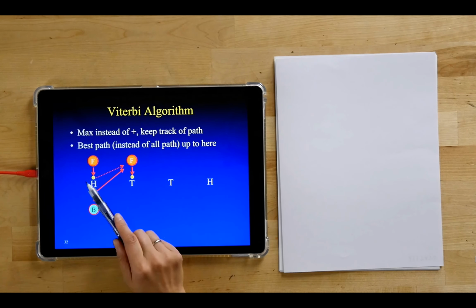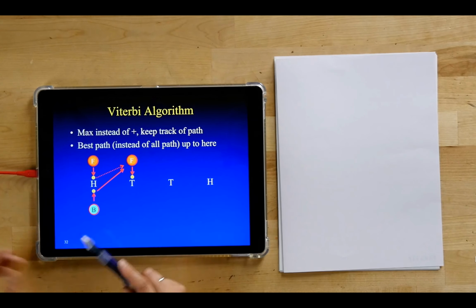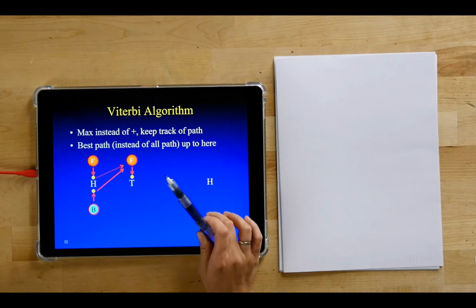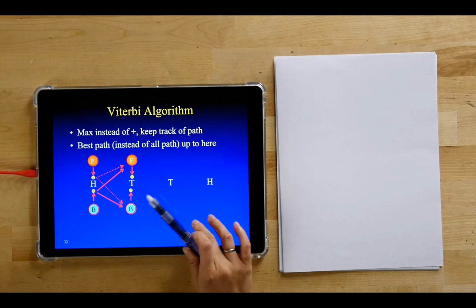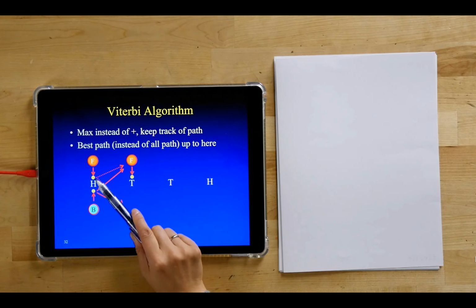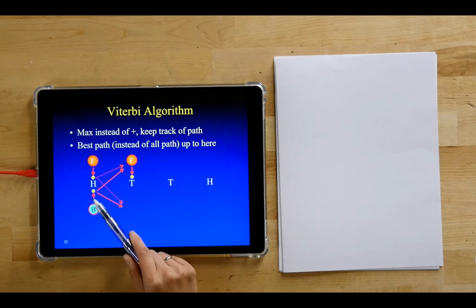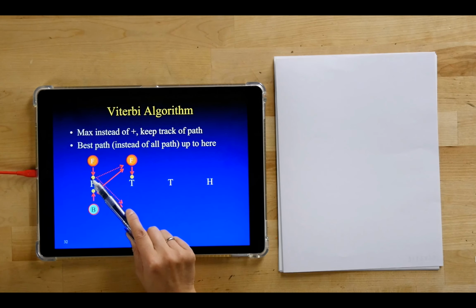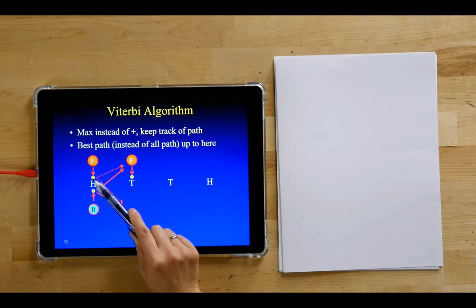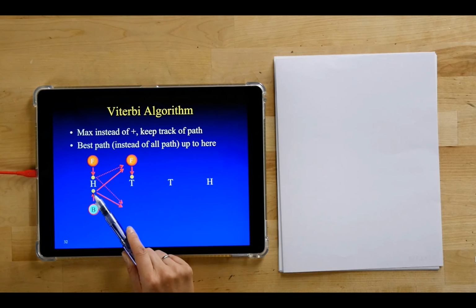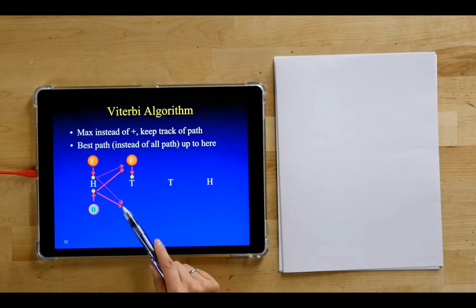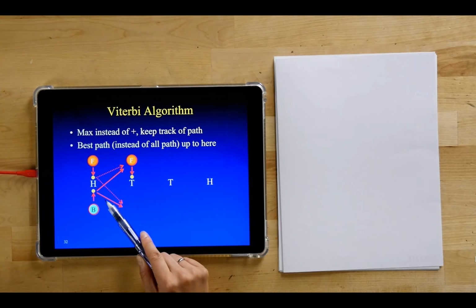delta for the fair coin. In order to calculate the bottom side, it's this yellow dot transitioning from fair coin to a bias coin compared to this yellow dot from bias coin, and the transition from bias to bias. So the delta number times this transition, compared with this delta number multiplied by this transition, and I compare these two, and I only keep track of the best one.